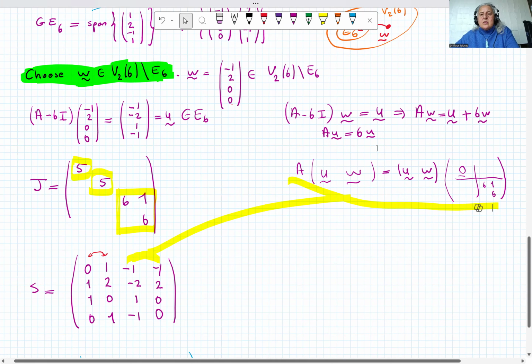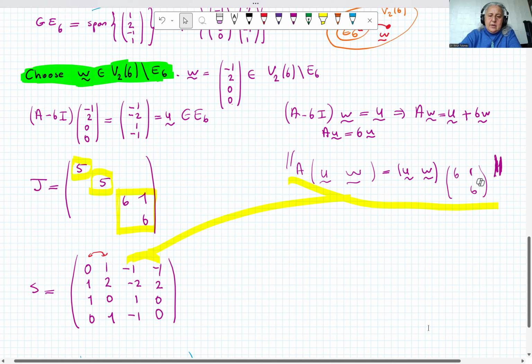It is not an explicit mathematical equation here, but it is like that. It is this corner here, and the first two are coming from the basis of the eigenvalue 5, and these two are coming from u and w, which are coming from here. Dimensionally, this is not explicitly stated, but this is how we are thinking to get these two.